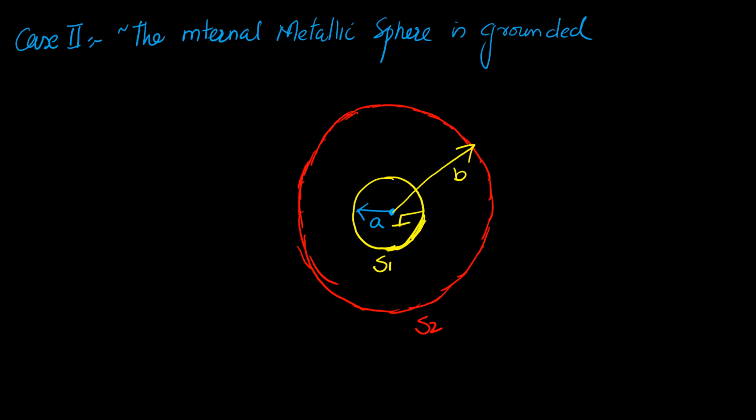So there will be no charge on S1 sphere. When it is grounded, the charge will be 0, whereas the S2 sphere will be charged positively, or it is charged by some charge.